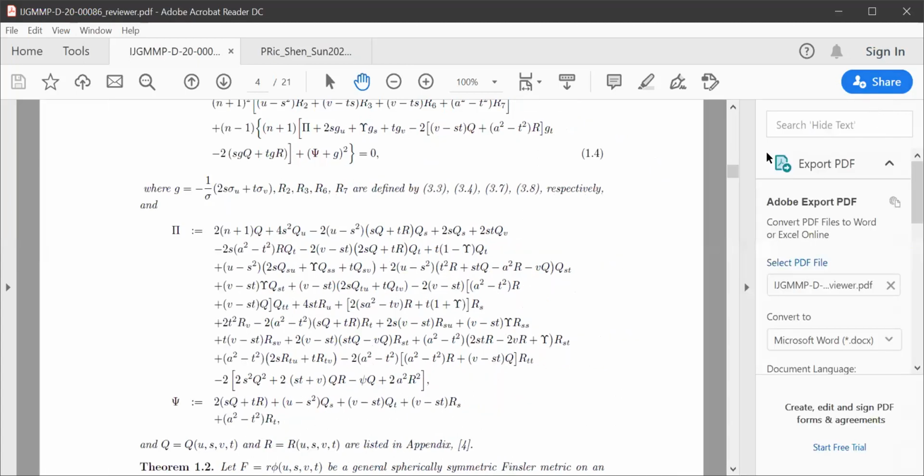Okay, so G, R2, R3 are defined in 3.1, 3.4. That's okay. And the second part is listed in the appendix of the paper. This is reference 4, right? I think reference 4 is the Lee paper, I guess.